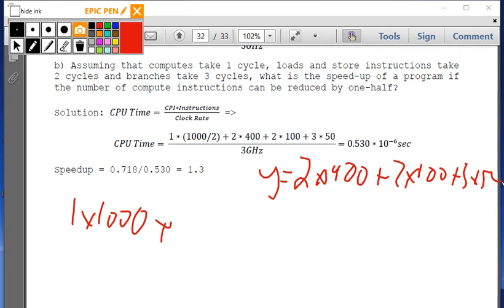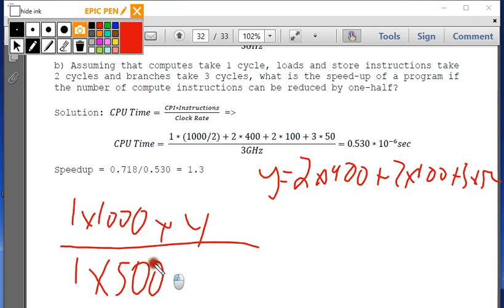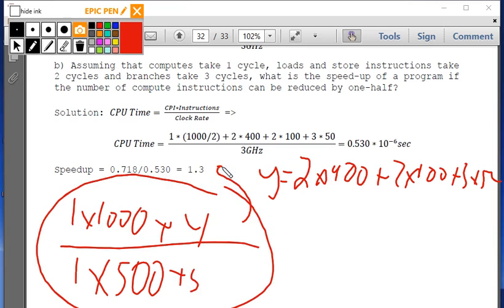So this becomes (100 plus y) over (1 times 50 plus y). And that is your speed up. That will be 1.3.